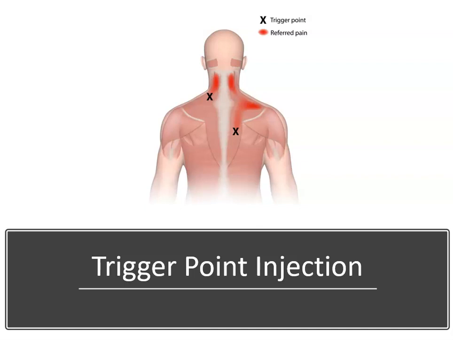Several injections into 3 or more muscles, that's 20553. The other thing I want you to note is that there is a parenthetical note that says if the provider uses imaging guidance, you want to code that separately. All right, so that's all I wanted to look at here.